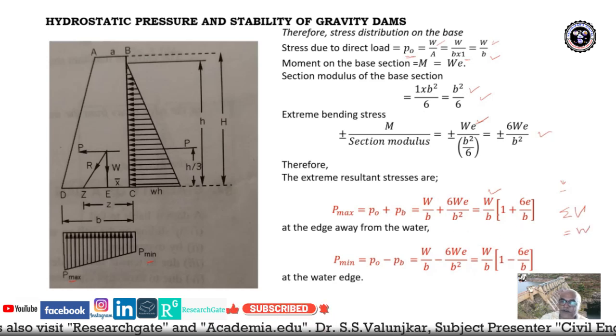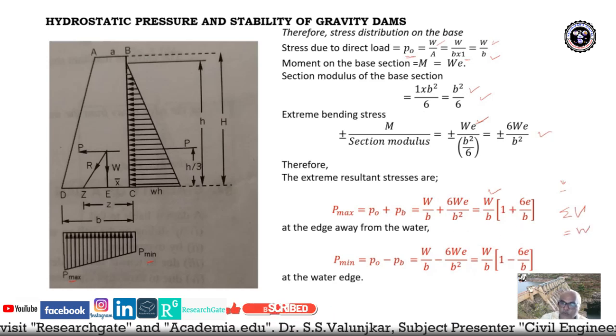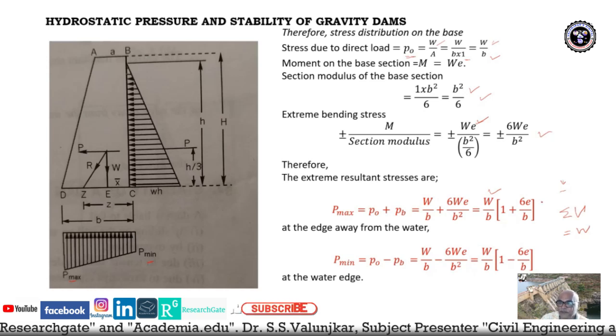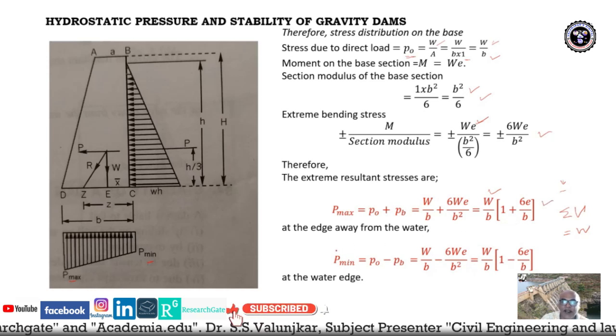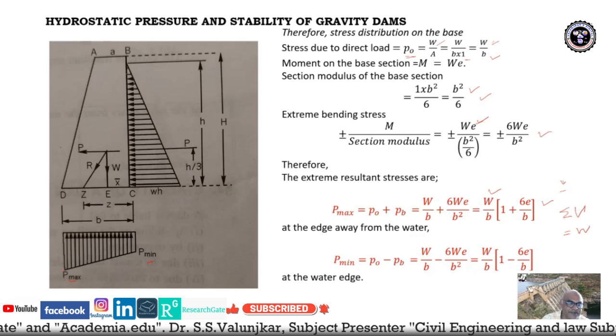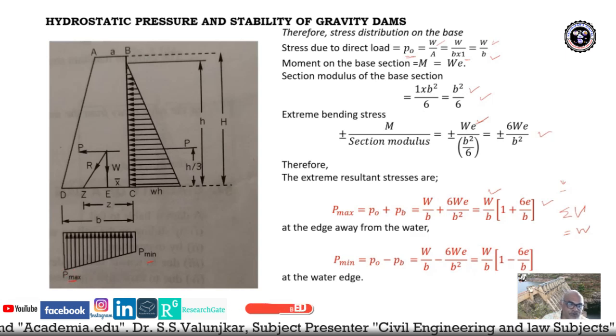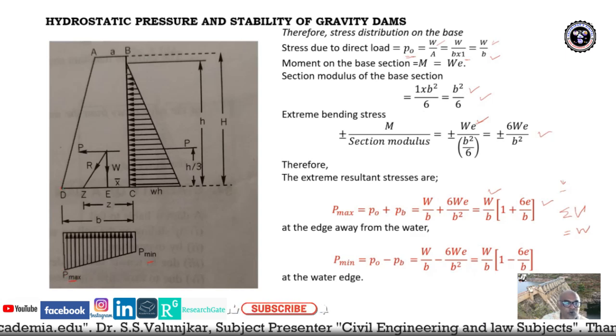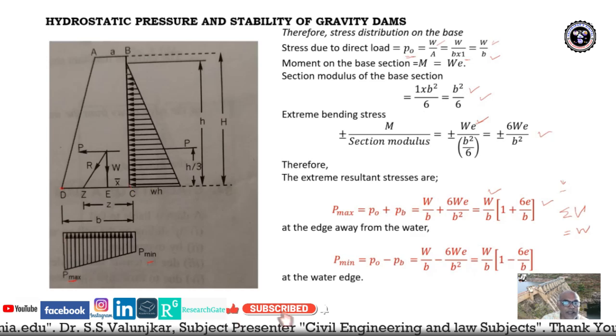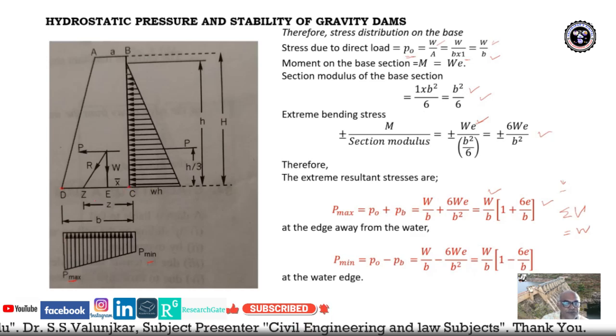So W upon B into 1 plus 6E upon B is the maximum stress at the edge away from the water, at the toe of the dam, that is the D side. This is the toe of the dam and this is the hill side of the dam, just like a shoe.